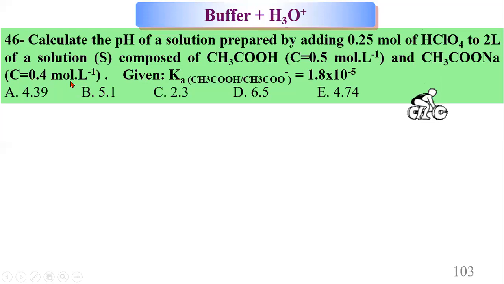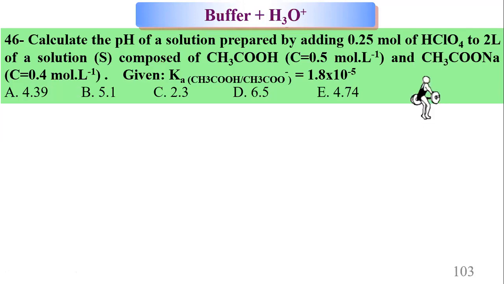Now guys, from here on, anytime you see sodium acetate or a salt like this, you simply split it up in your head. We don't have to write it down. In your head, it's split up, and that means I simply have the acetate ion in solution, which is the conjugate base of this weak acid.